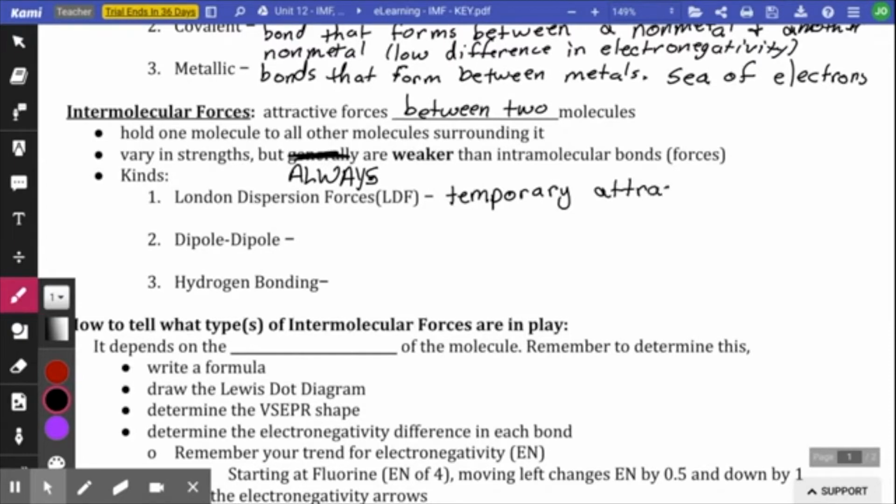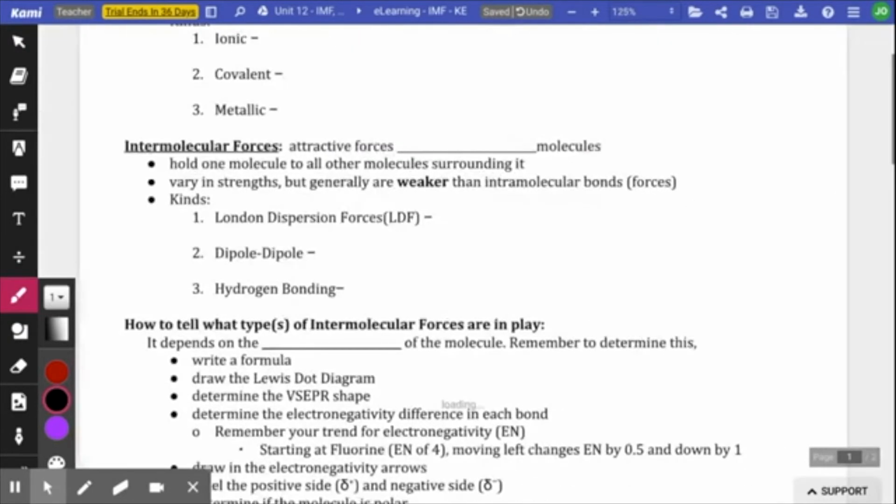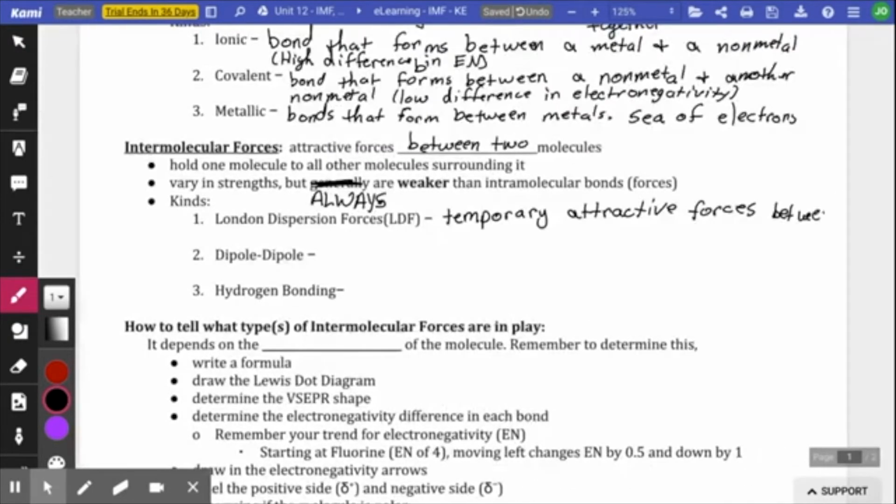Between all molecules. Now, this one is all molecules. So anytime we've got an intermolecular force, there's going to be London dispersion forces happening, LDFs.